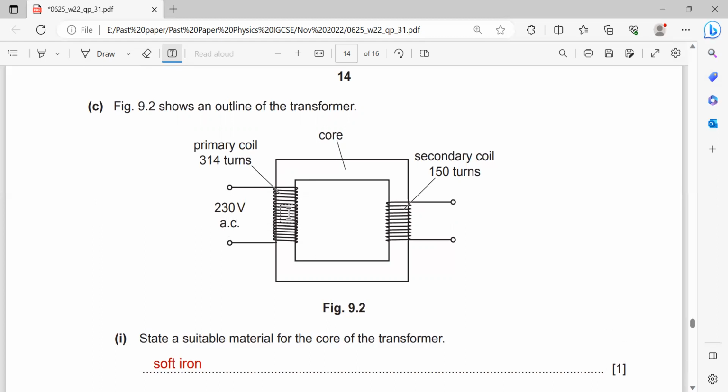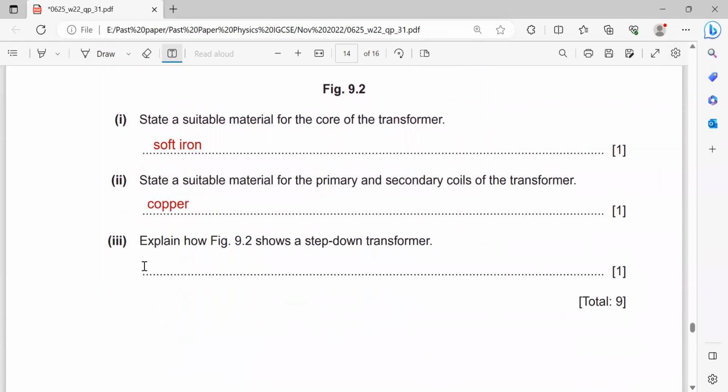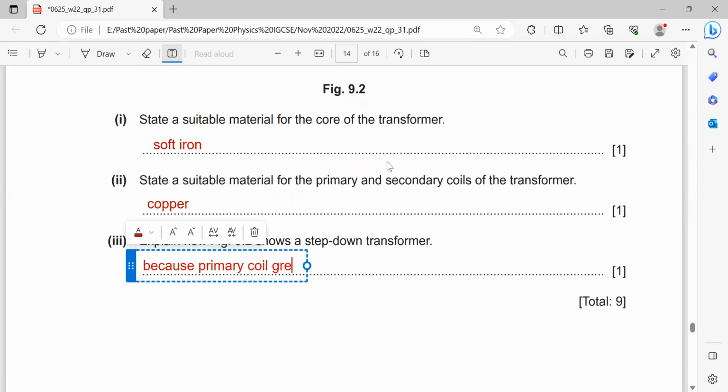This condition we call a step-down transformer. For a step-up transformer, the primary coil should have fewer turns than the secondary coil.